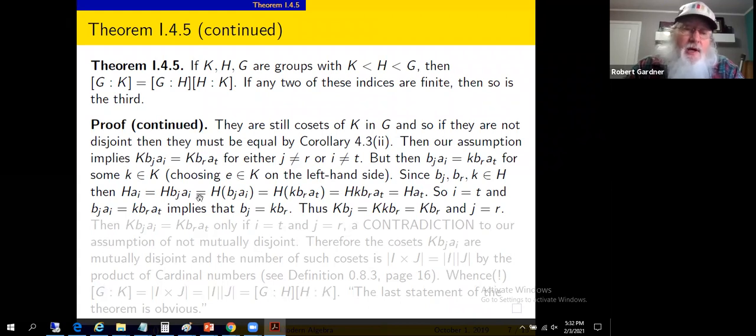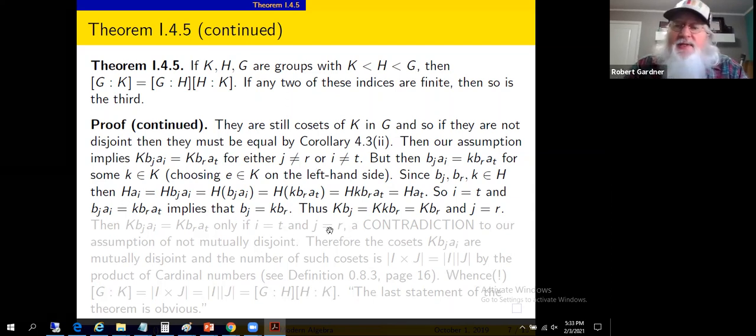We have these cosets equal. The next claim is that this implies I equals T. Just because the right cosets are equal doesn't mean the things we multiplied on the right are the same. But we chose those subscripted A's to be a set of representatives of the right cosets. So there was only one subscripted A from each coset.